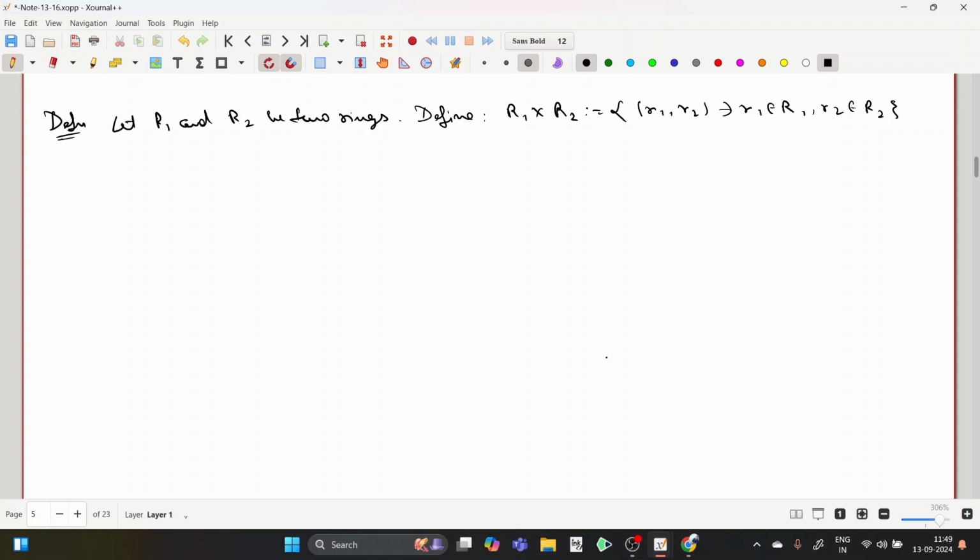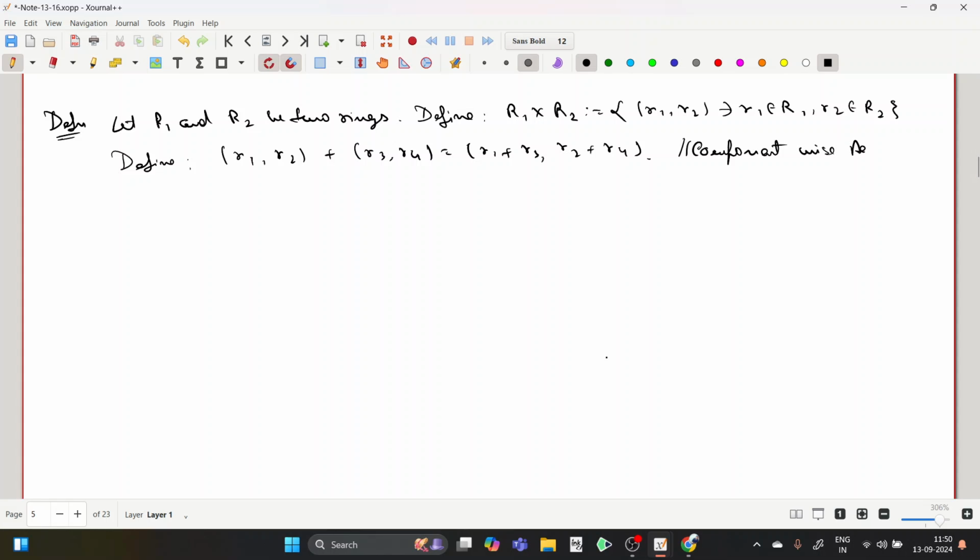But for it to be called a direct product, since we are studying rings, it should have a ring structure. The ring structure also immediately follows from the following operations. Define (r1, r2) plus (r3, r4) as (r1 plus r3, r2 plus r4). That is basically we are doing component wise addition.